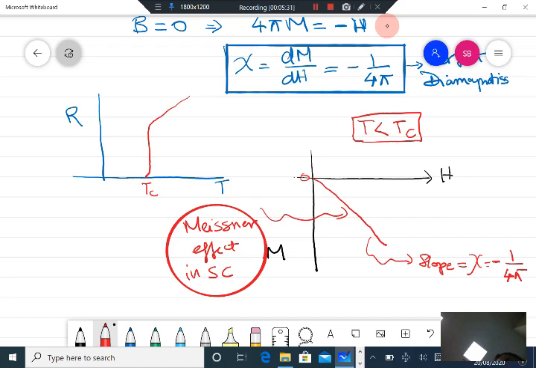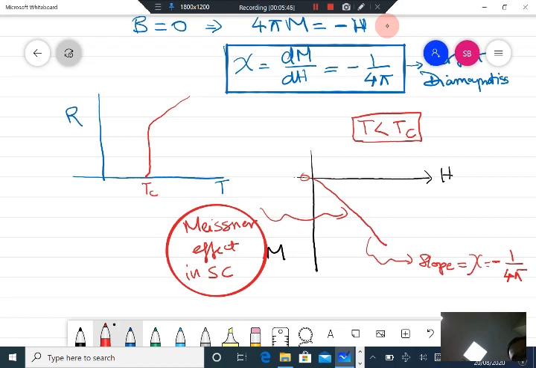This is the experimental signature of the Meissner effect. It's not only R versus T that suddenly drops; along with the resistance dropping down to 0 below Tc, you should see this Meissner signal.